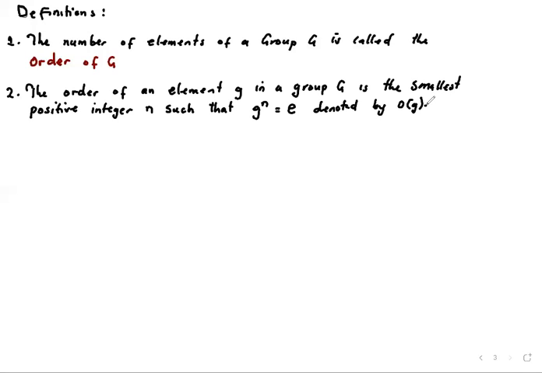We can have two examples now for these two definitions. Example 1: if you have Z4, you know Z4 is 0, 1, 2, 3.